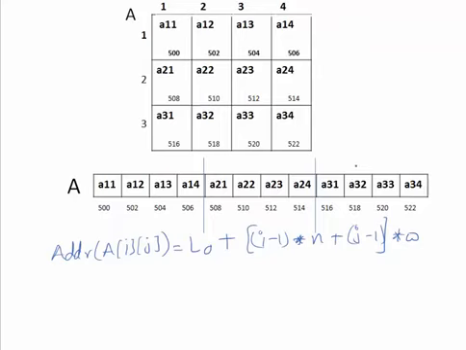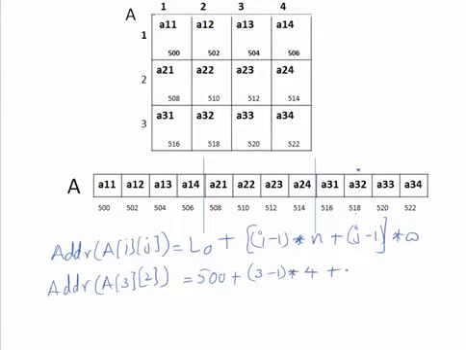Let us find the address of 3 comma 2 here, 518. So address of 3 2, L naught is 500 plus 3 minus 1 into 4 plus 2 minus 1.